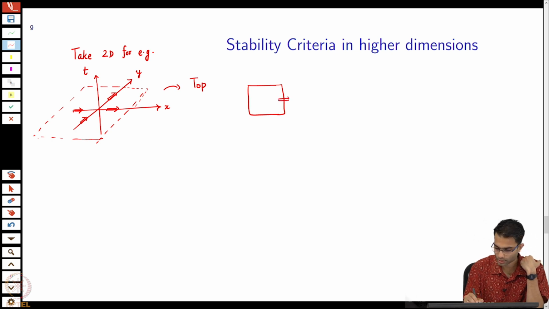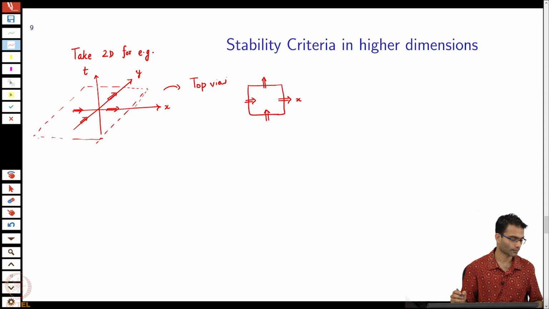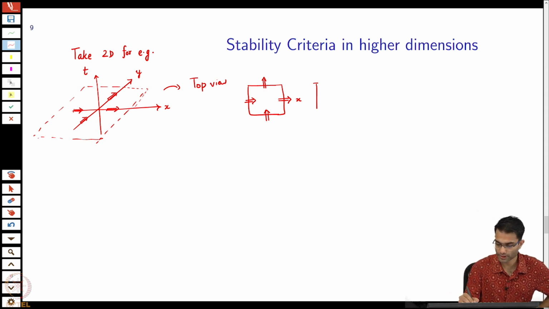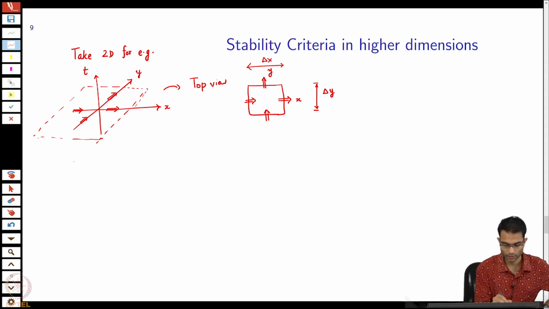So there is a x, so this is spaced apart by how much? Delta y, and this is spaced apart by, what equation do we want to use?